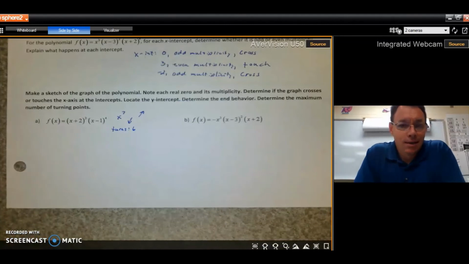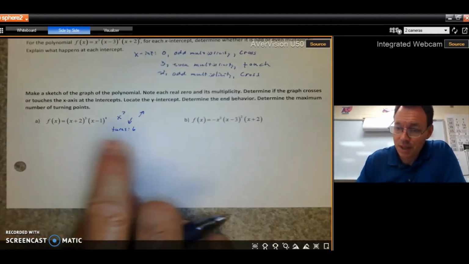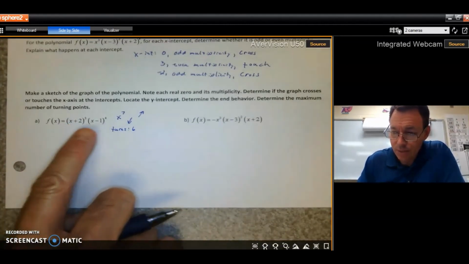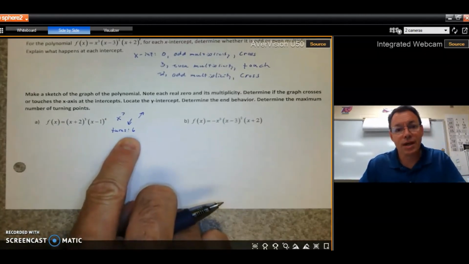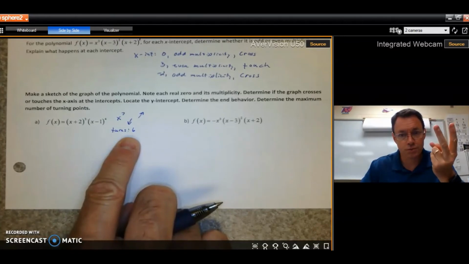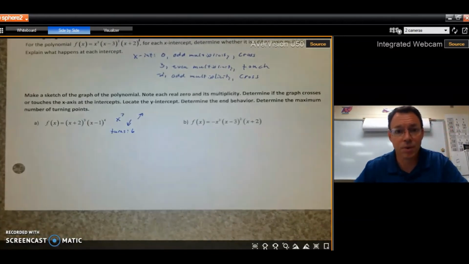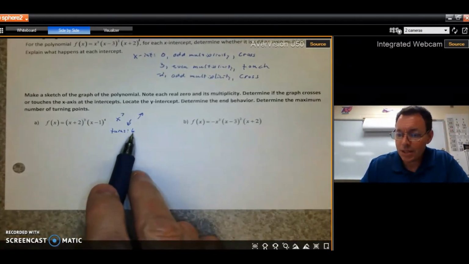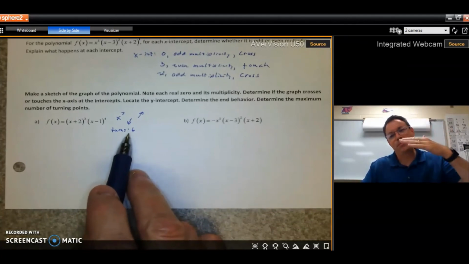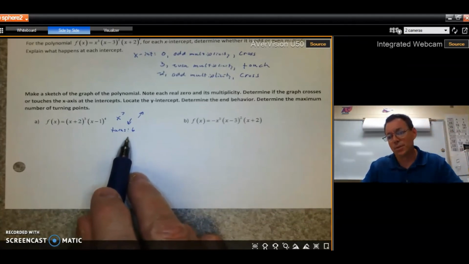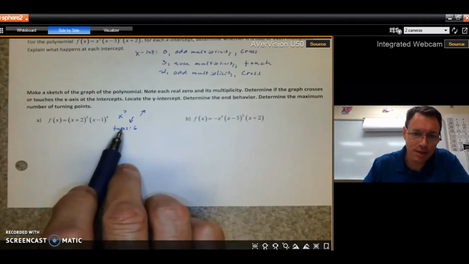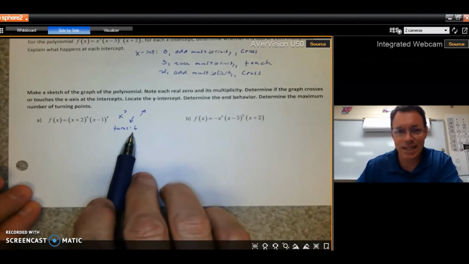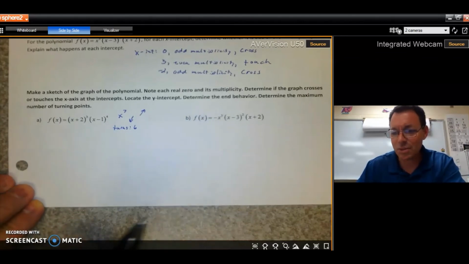Now, this isn't extremely important because once you start getting things like multiplicity, you probably won't even have 6. You could have 4, you could have 2, technically I guess you could have 0 turning points, okay, but it'll reduce in factors of 2, but that's the most you can have. But you won't hear me talk about that a whole lot because it's not an exact science. That's just the most it could have.